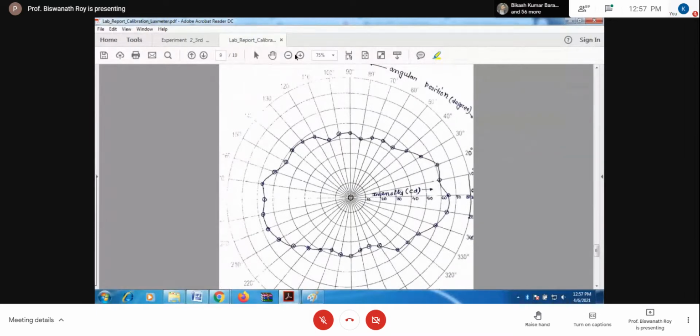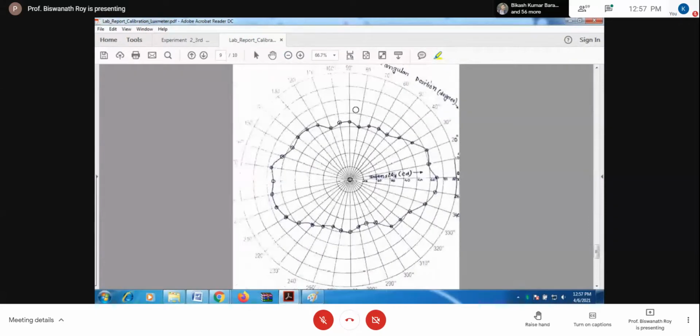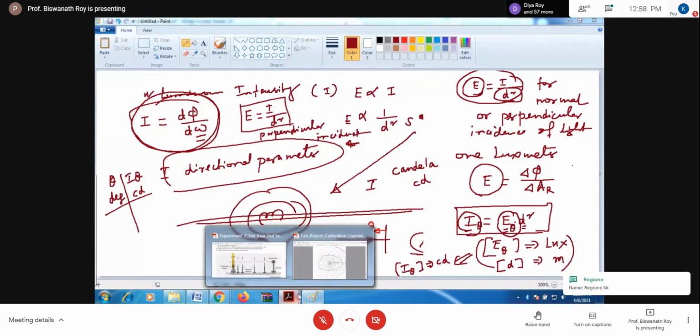So this is the form of the polar diagram. You see, in the polar diagram, this is the r theta coordinate system. I have two sets of data. One is theta in degree and the other is I theta in candela.